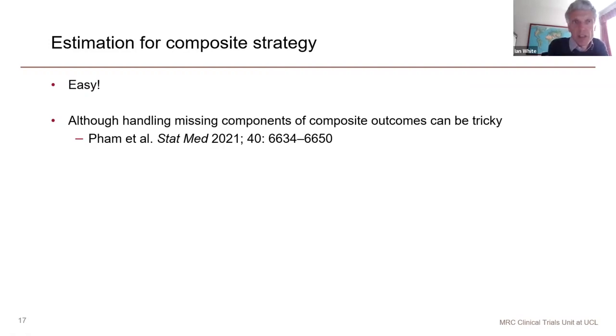Estimation is extremely straightforward because your outcome's observed. The issue with the composite strategy is that it may lack clinical meaningfulness rather than that it's difficult to estimate. You sort of have trade-offs there. And I would just note that when we have composite outcomes with some missing components, that can be tricky. So if that's your situation, we've got a nice paper in Statistics in Medicine last year.